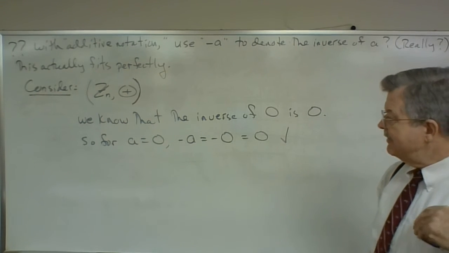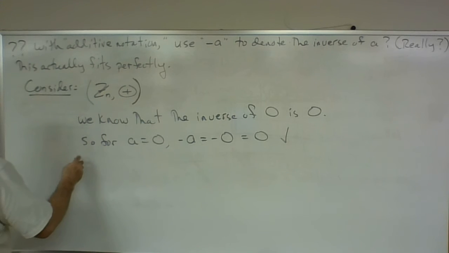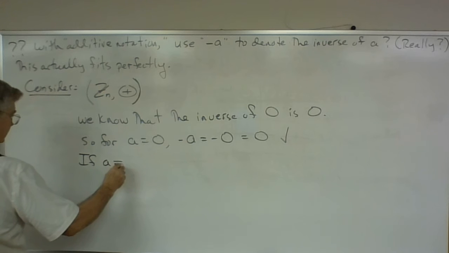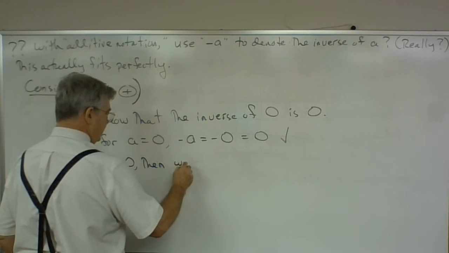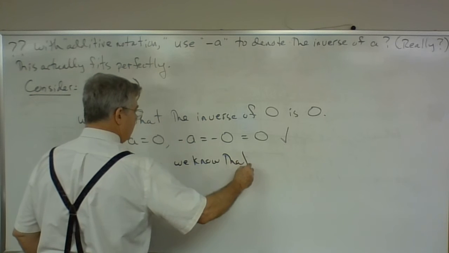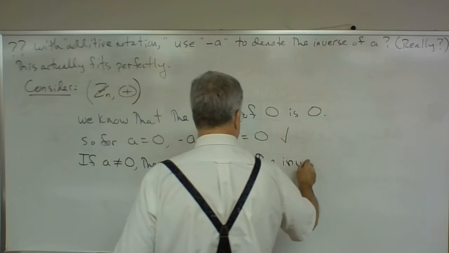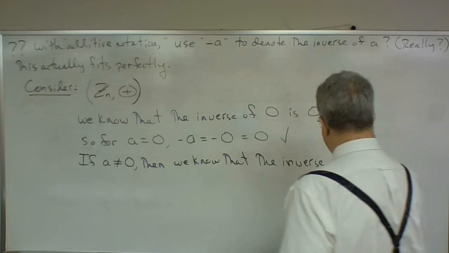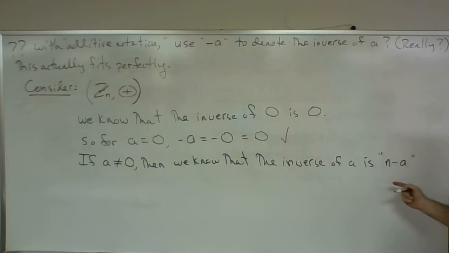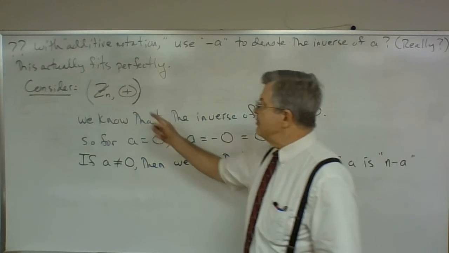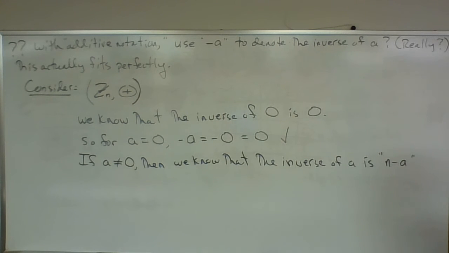But what about if A is not 0? In groups where the operation is addition modulo n, the inverse of an element A, where A is not 0, is the number n minus A. That's the way it works out.